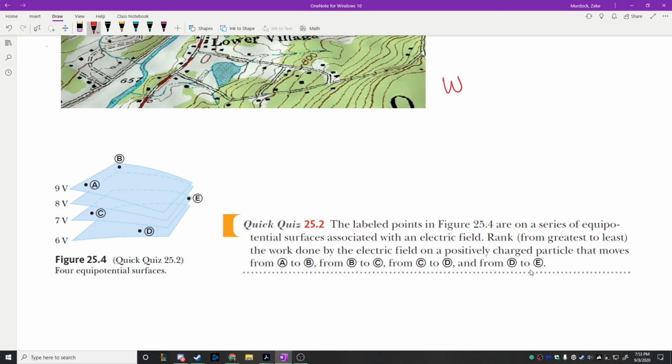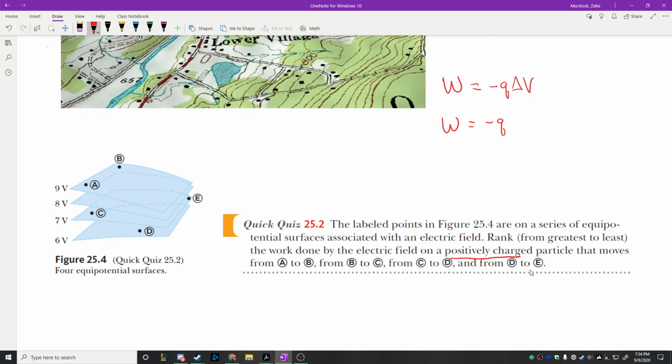The work done is equal to negative Q times delta V. So you could think about this for part A as the work done being equal to negative Q times the change in potential. It's a positively charged particle, right?